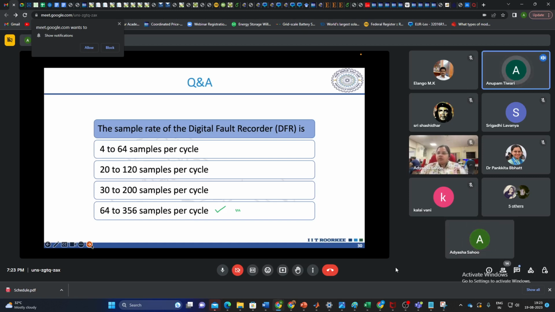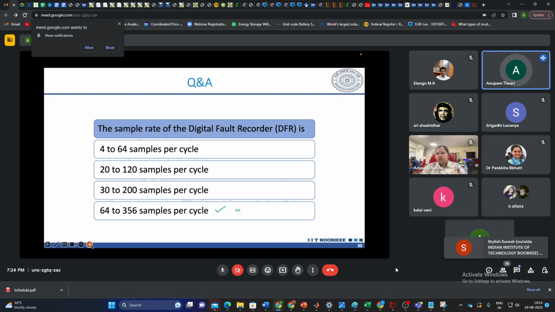My question is, from what we have studied, if some DFR is set up at 100 samples and some DFR is set up at 200 samples, because that is also in the range, then a mismatch will happen, and the purpose of combined data transfer will not be served.